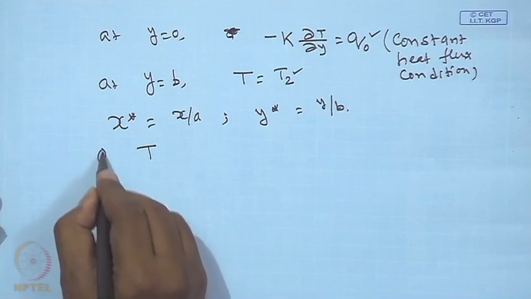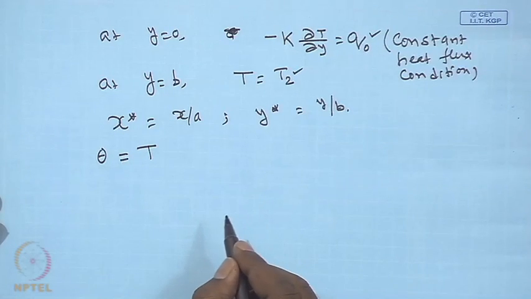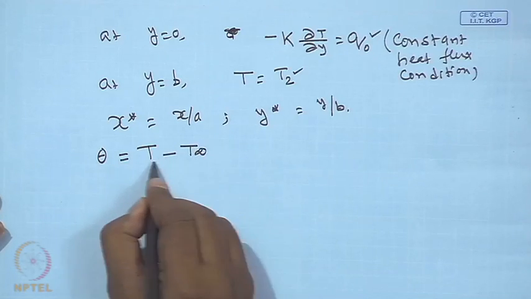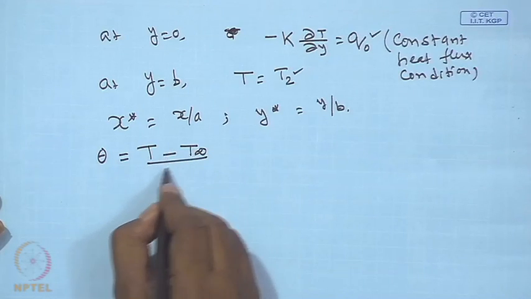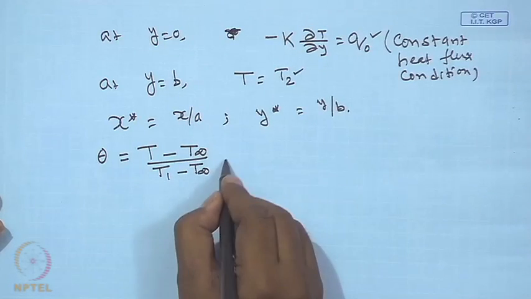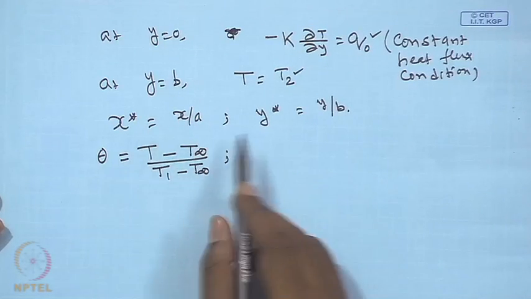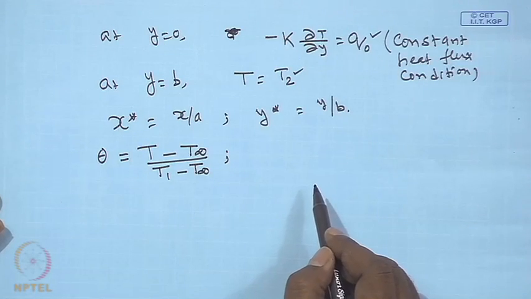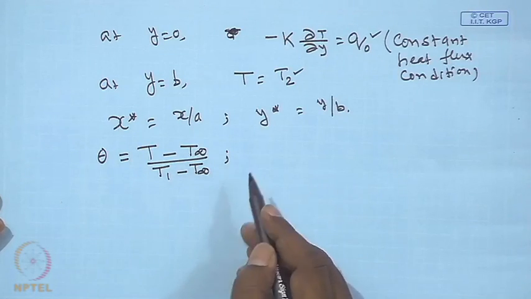Let us define a dimensionless temperature theta. Theta is equal to T minus T infinity divided by T 1 minus T infinity, and x star is x by a, y star is equal to y by b. Now, let us put all these non-dimensional quantities in the governing equation.